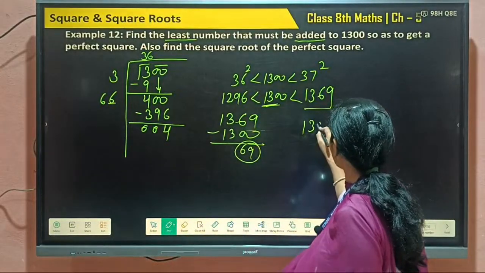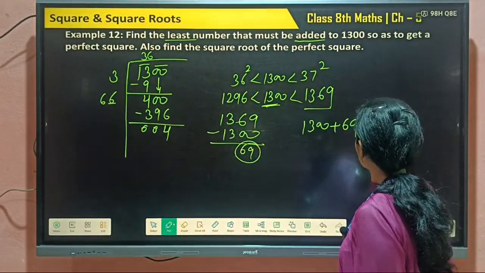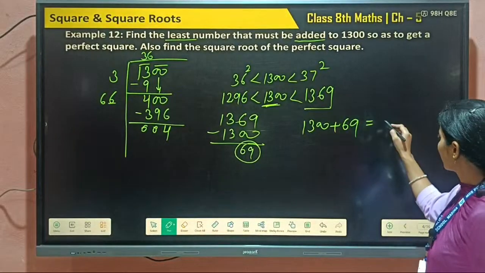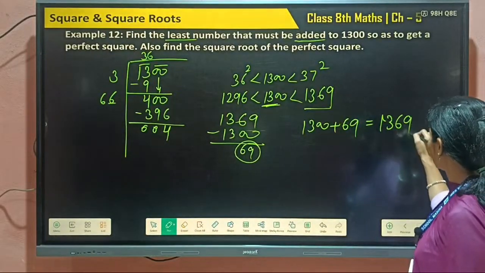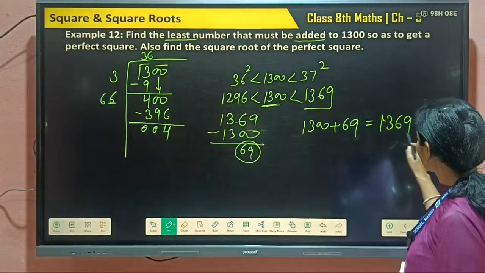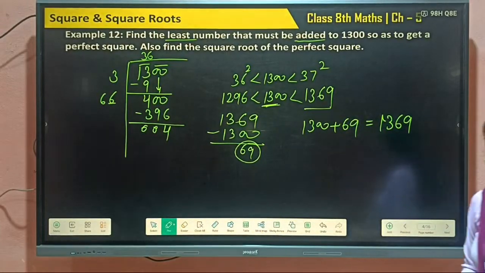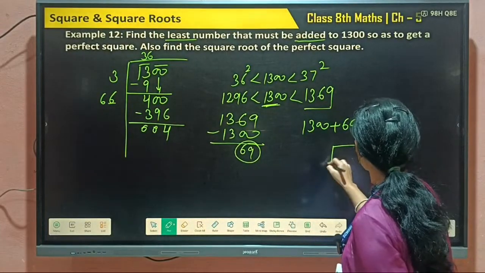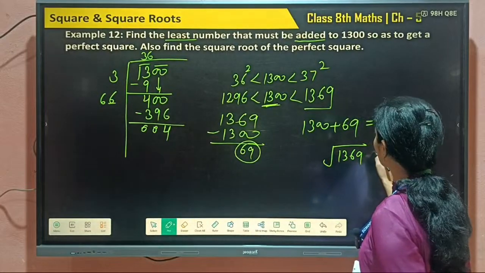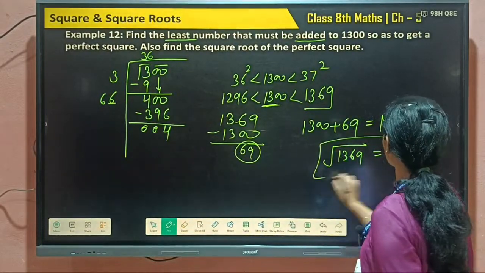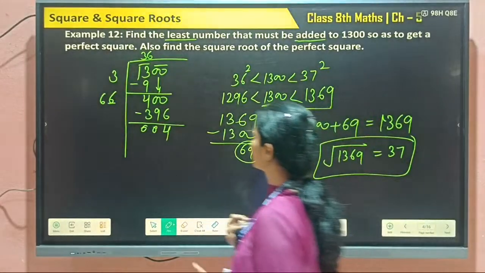Now if I add 69 to 1300, then I will get 1369, and 1369 is a perfect square number, and its square root will be 37.